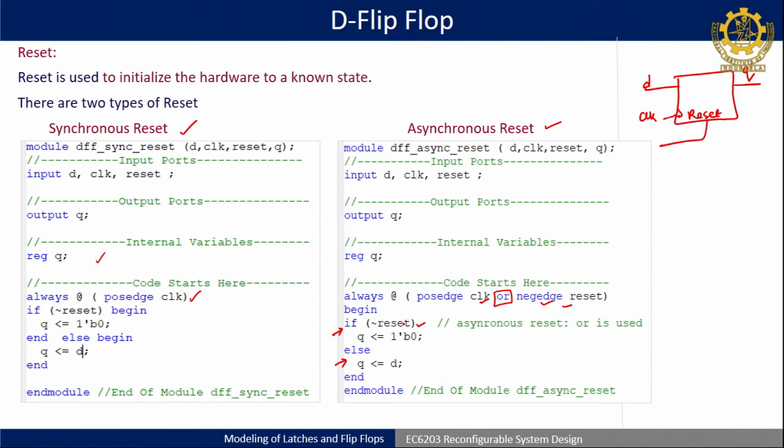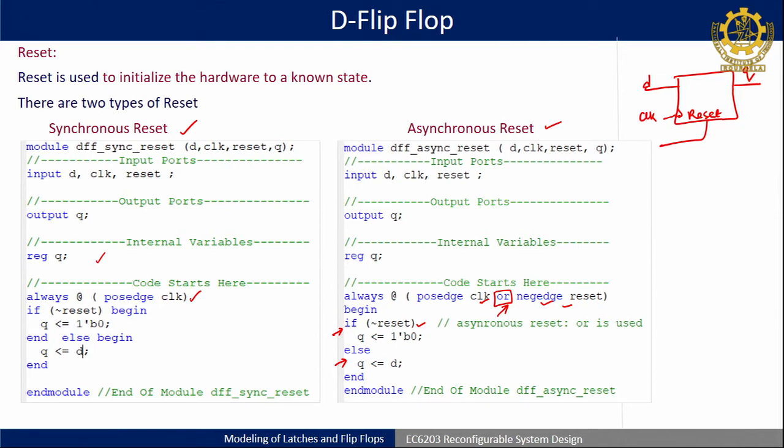So, if reset is low, Q will become 0, and when reset is the opposite of low, that is reset is high, at that time D will be stored and is available at the Q output. So, this sensitivity list plays a major role in deciding asynchronous or synchronous reset.